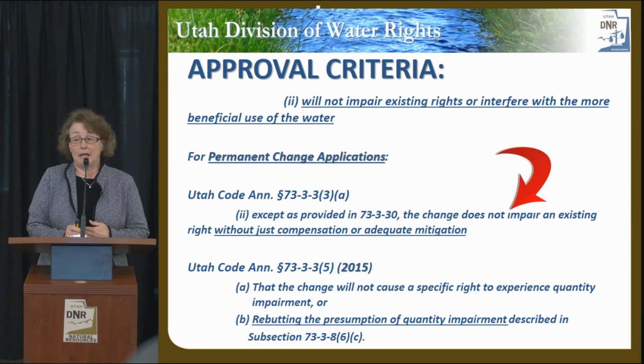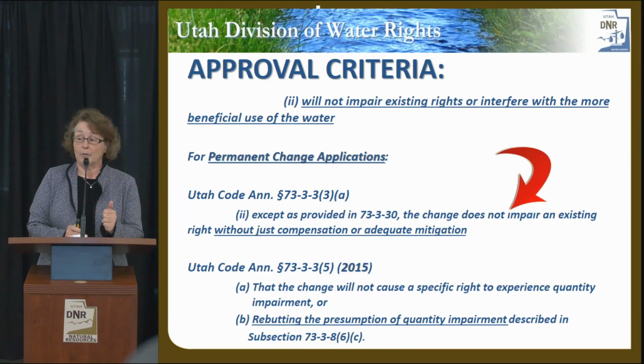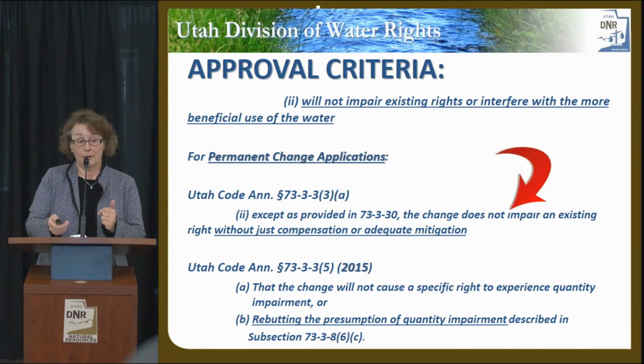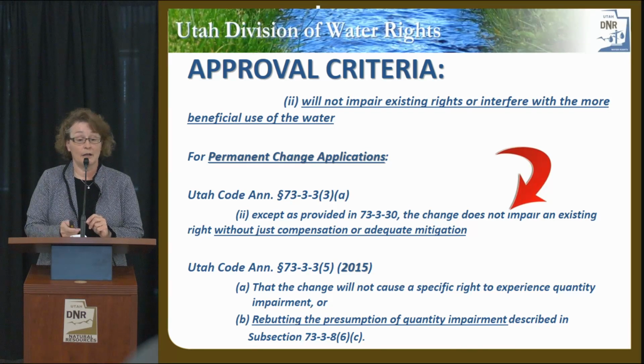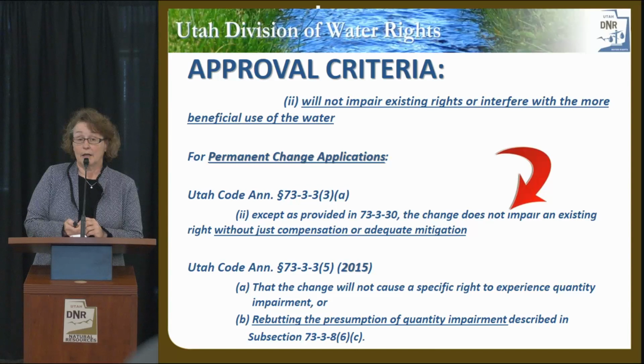And later today, I believe, we're going to get into a lot more detail on quantity impairment and a rebuttable presumption of quantity impairment that are defined within those two sections, 73-3-5 A and B. So I'm just going to gloss over, mention it to you, and I think it's Mike Drake is going to get into that in detail with you, because that is an important element that is happening more and more in our change applications.